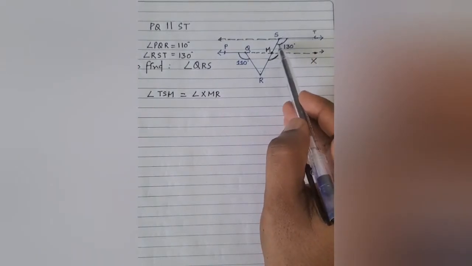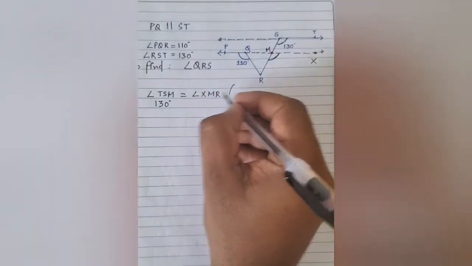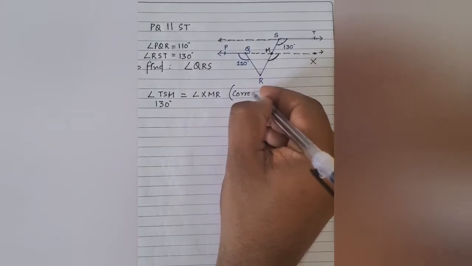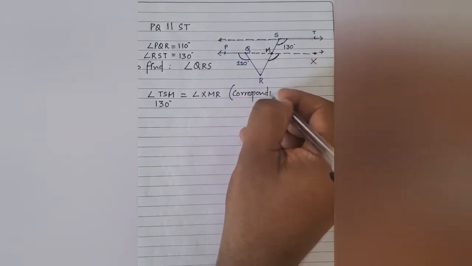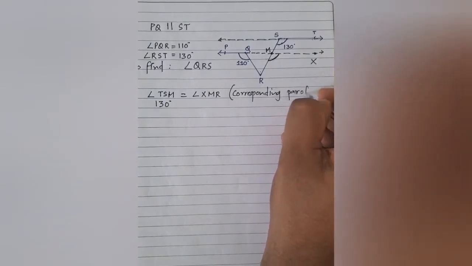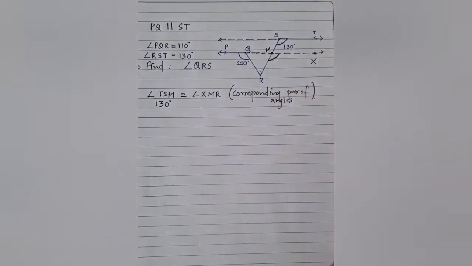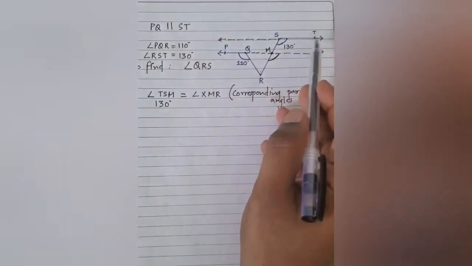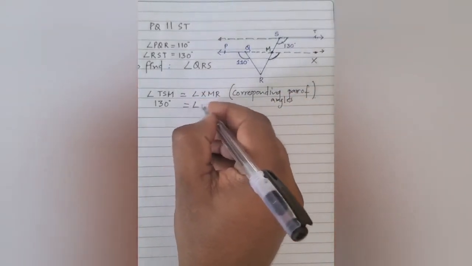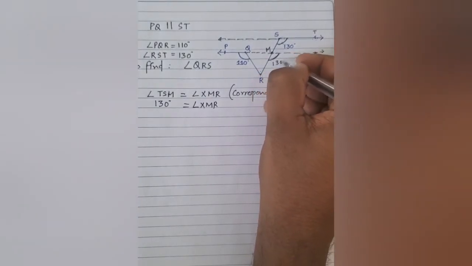That is already equal to 130. Let me mention the reason: the reason why these two angles are equal is that they are a corresponding pair of angles. Now TSM is already given as 130, and that will be equal to XMR. So now I have realized that this is 130.